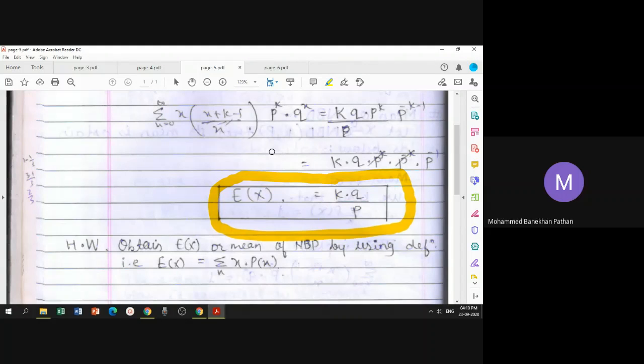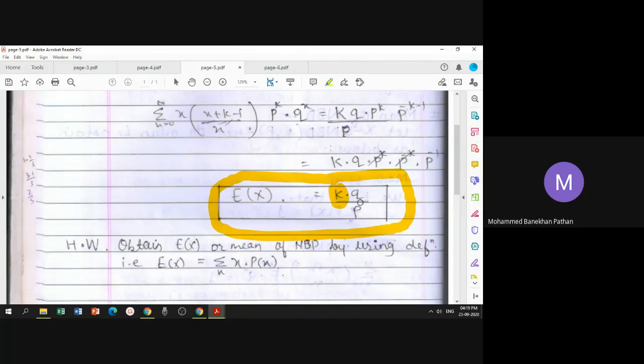What is the particular case? Replace k equal to 1. In place of k, if you write 1, the remaining answer is q by p. And you can recall what I taught in your first year: the mean of geometric is q by p.